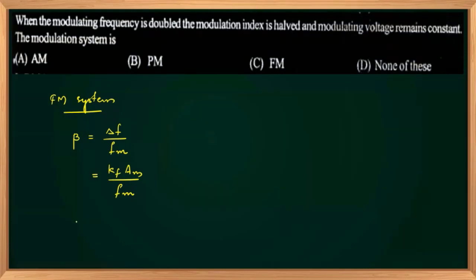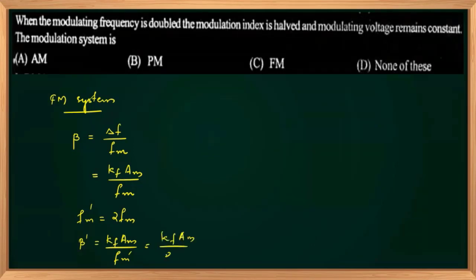So what happens to beta when FM becomes FM dash equal to 2FM and AM remains constant? Beta dash equals KF into AM by FM dash, which is KF into AM by 2FM. So the modulation index becomes half the value, beta dash equals half beta, when the modulating frequency is doubled. So the correct option is option C.